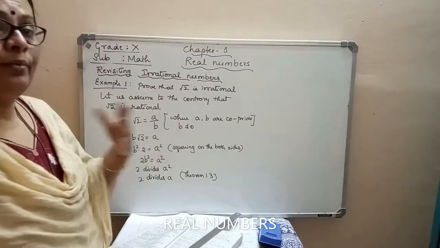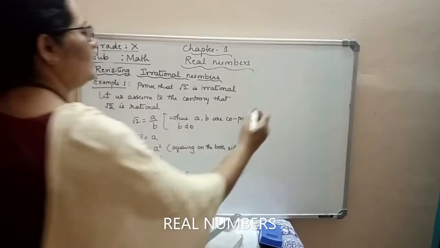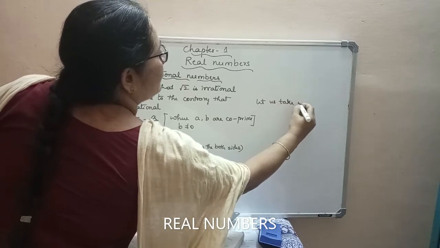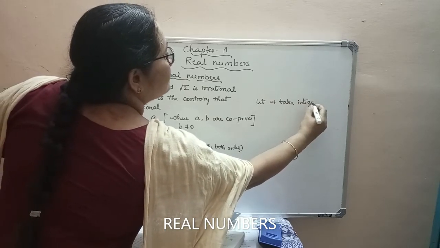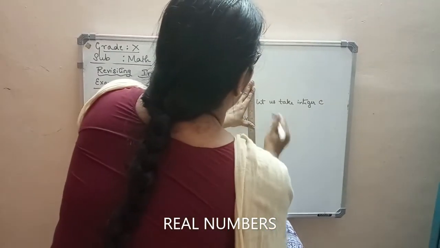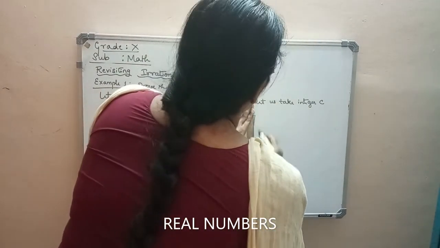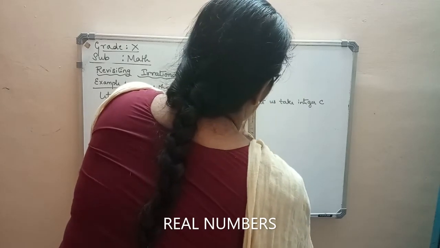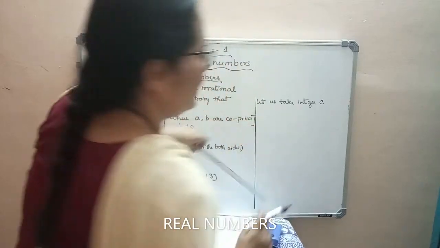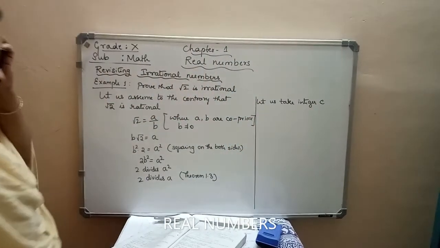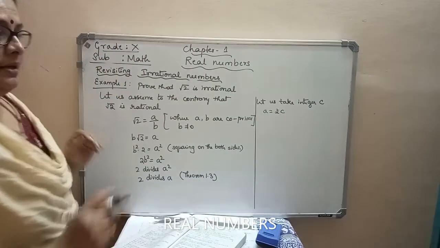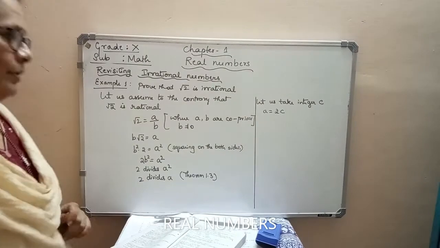Now we take one more integer C such that A equals 2C.